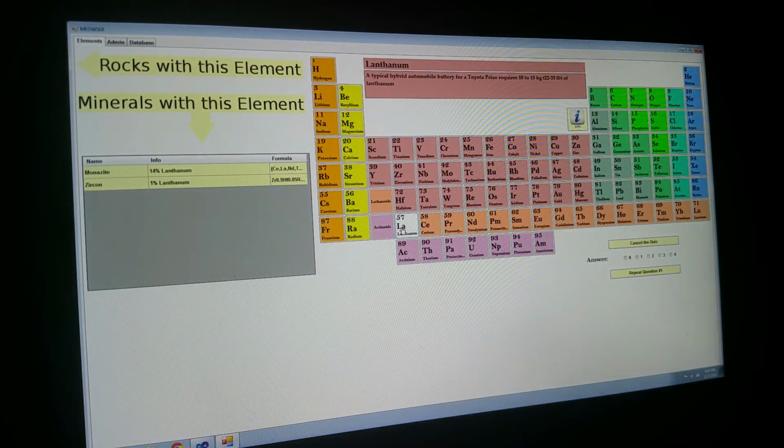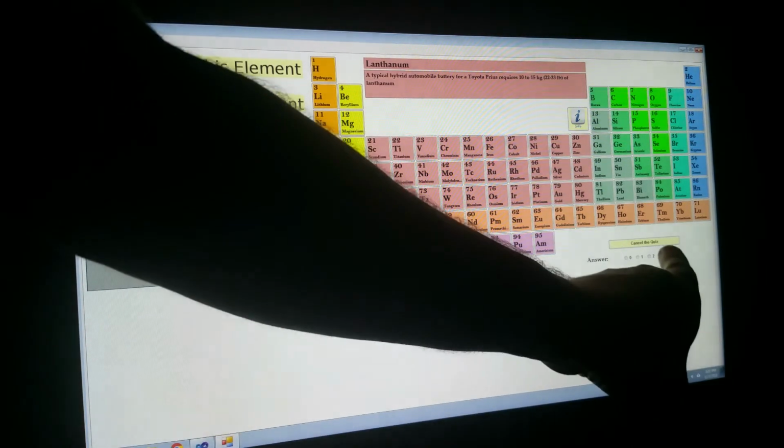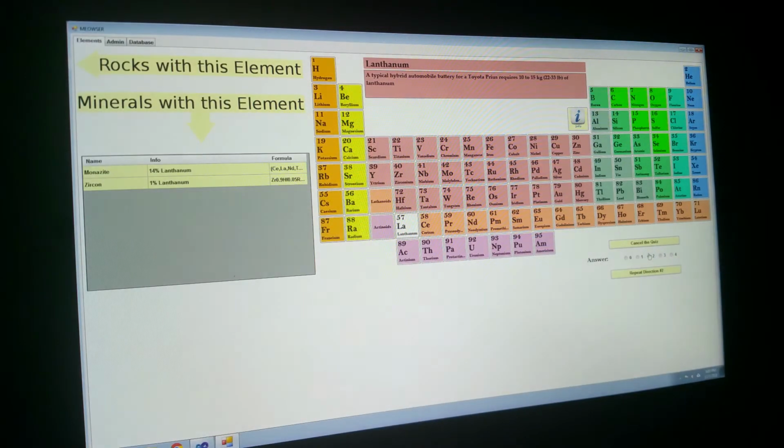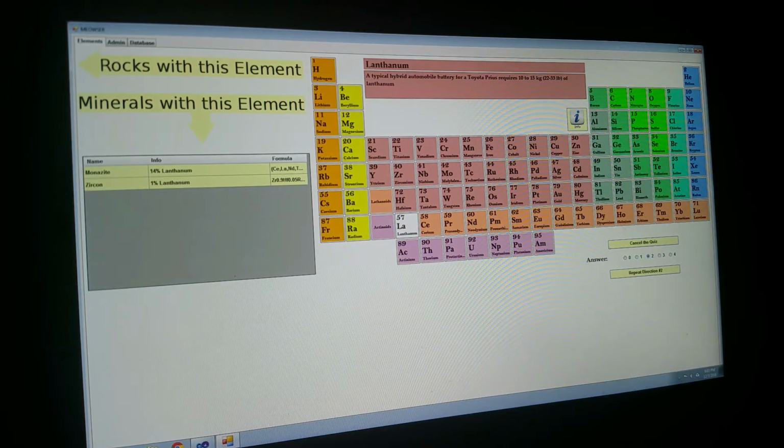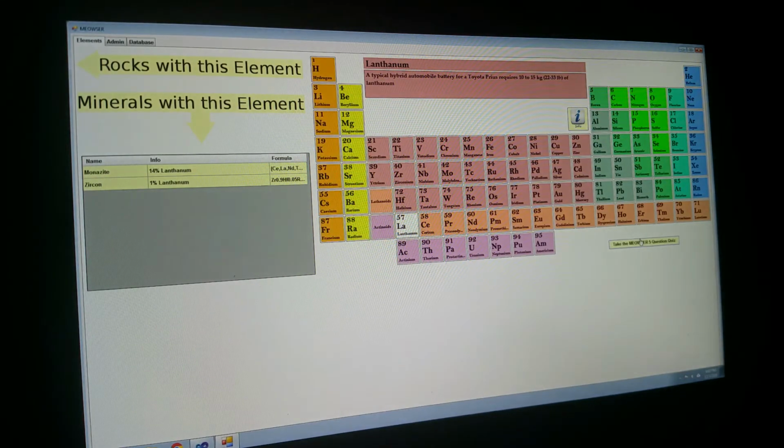How many rocks contain lanthanum? So I go look at my cabinet. 2, it looks like. I answer the question. I think the answer is 2. It says yes. And so it starts asking me the next question. And if you finish it, you're a genius. So that's a good little thing to get the kids navigating this toy here.